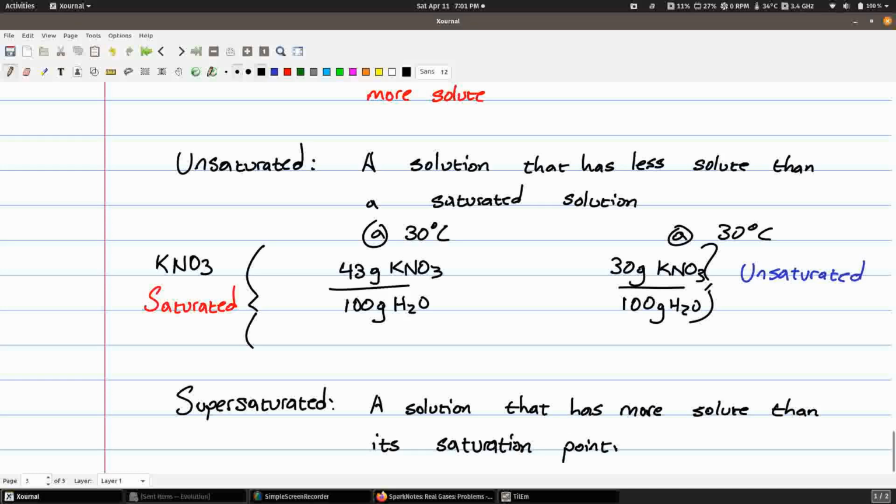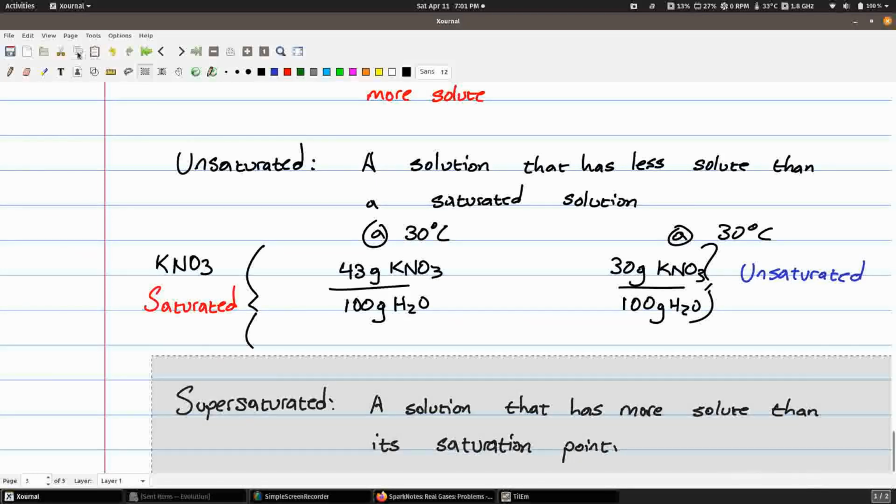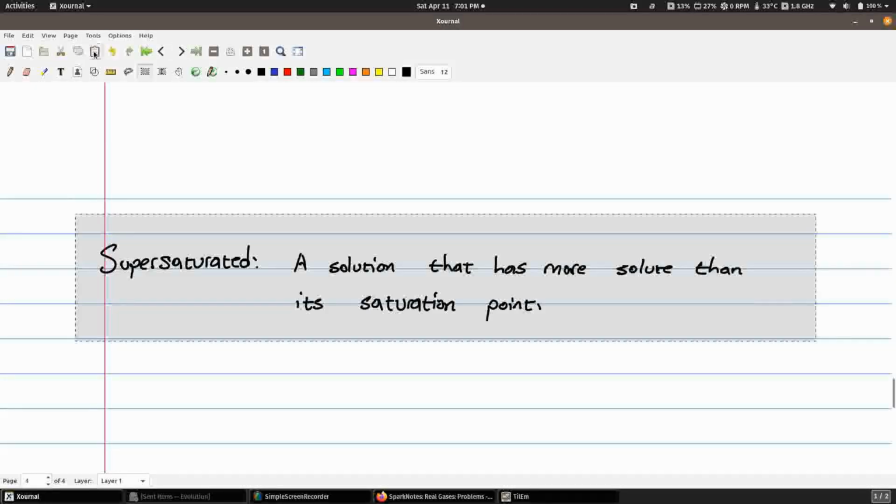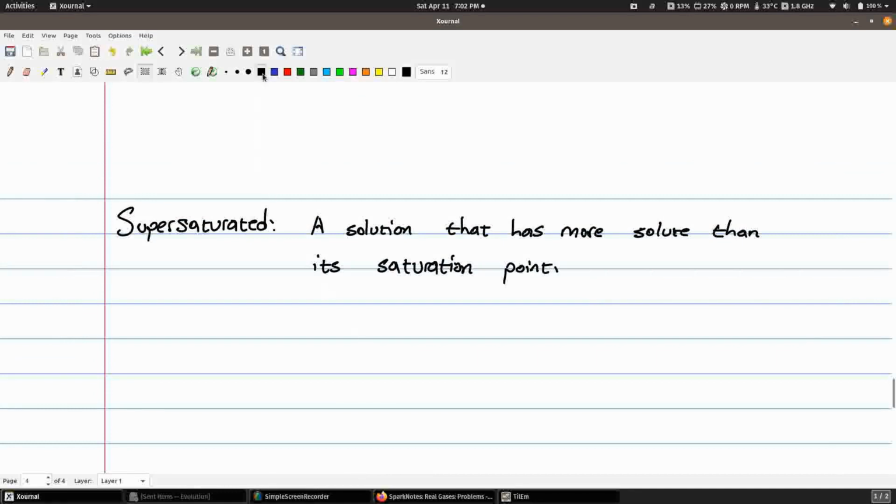Okay, so how does that work? So I'm going to copy this and go to the next page. So at 30 degrees Celsius, KNO3 has a saturation point of 43 grams over 100 grams of water.